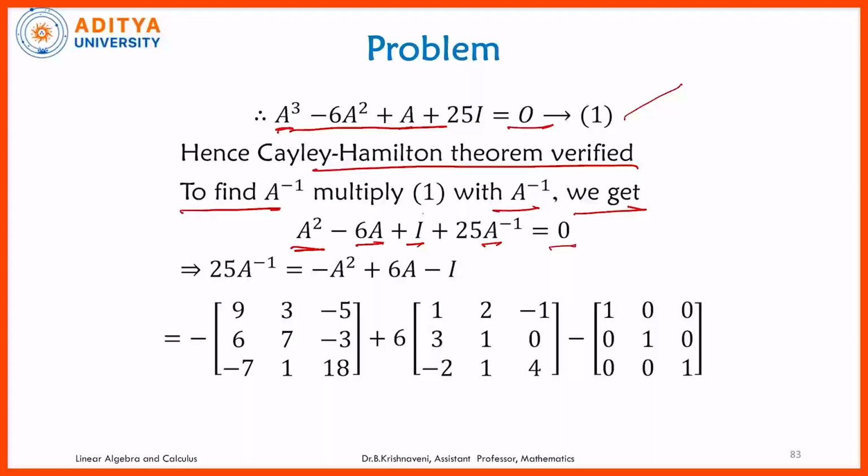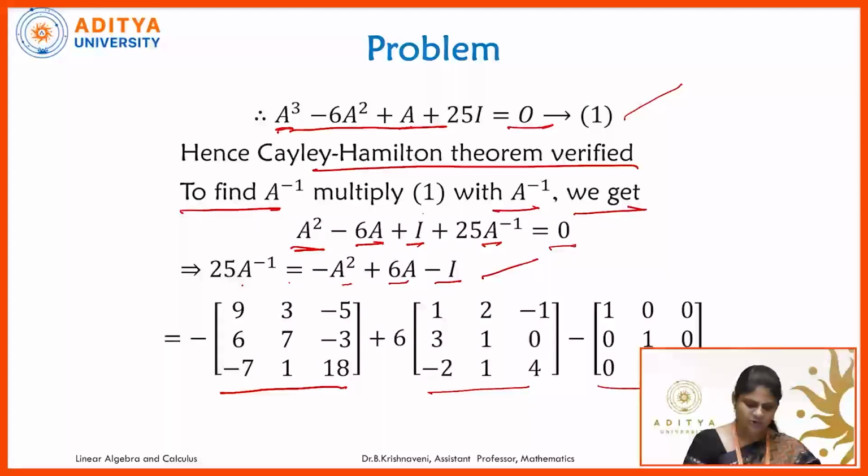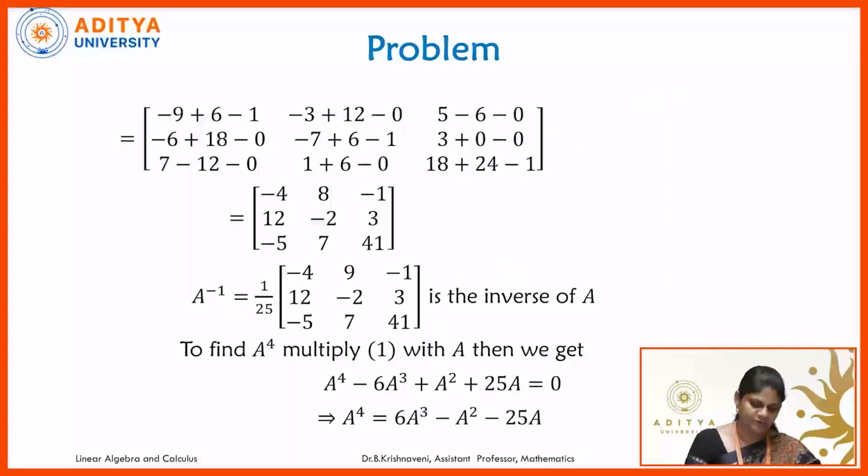At last what we need is A inverse. For that I have taken the above equation as 25 A inverse is equal to minus A square plus 6A minus I. As we just calculated A square, substitute minus A square plus 6 into A minus I. On simplification, we got the matrix: the first row minus 4, 9, 1; second row 12, minus 2, 3; and the third row minus 5, 7, 41.